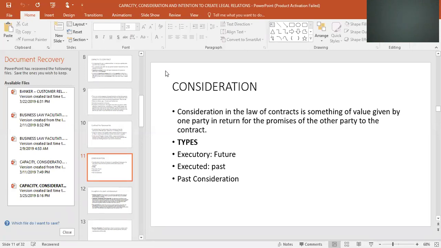You give me 70 Ghana cedis for my fuel. Now, the very moment you make this so-called promise, remember that this promise came after the act has been performed. And in law, we call that past consideration.